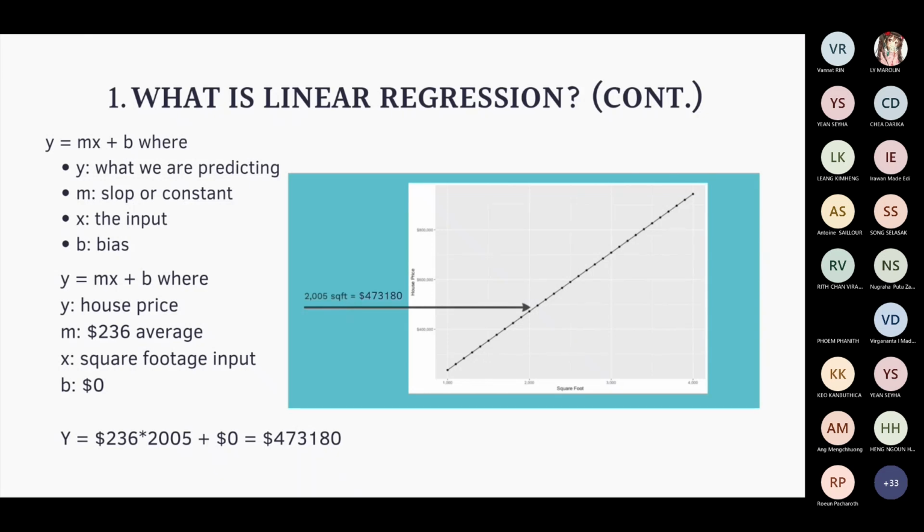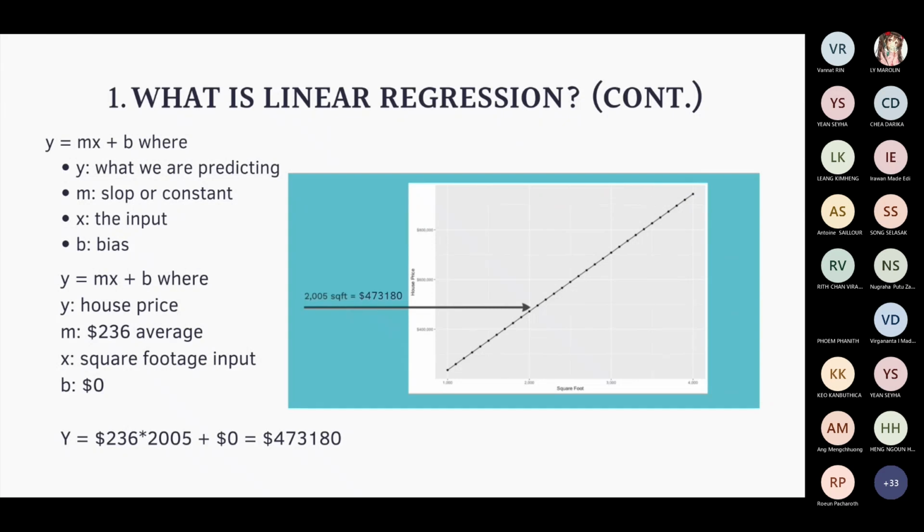So if we plug in the value of our earlier example, it will look something like this: y equals 236 multiplied by 2005 plus 0, which will equal 433,180.